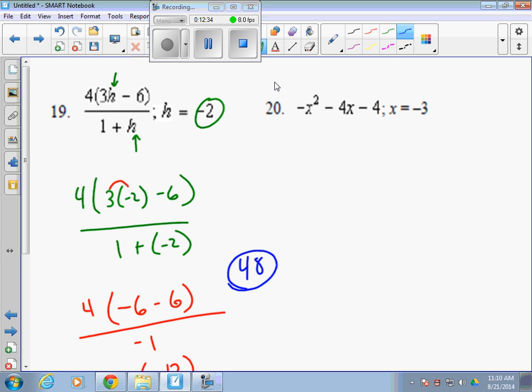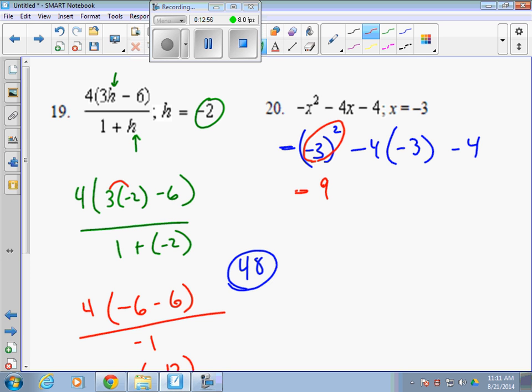This is one people make mistakes on because there's a negative already and you're plugging in another negative value. Negative 4 times x is negative 4 times negative 3 minus 4. Do the exponent first. Negative 3 squared doesn't mean negative 6. It means negative 3 times negative 3, which is going to be 9.